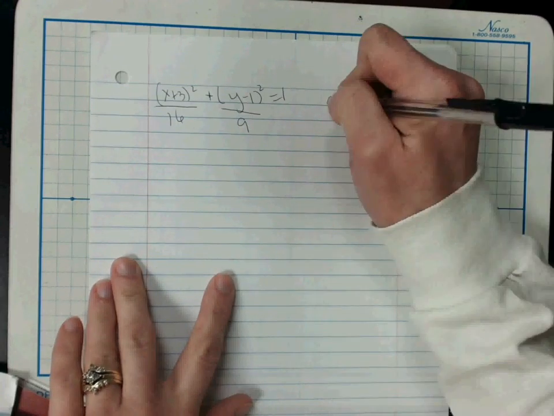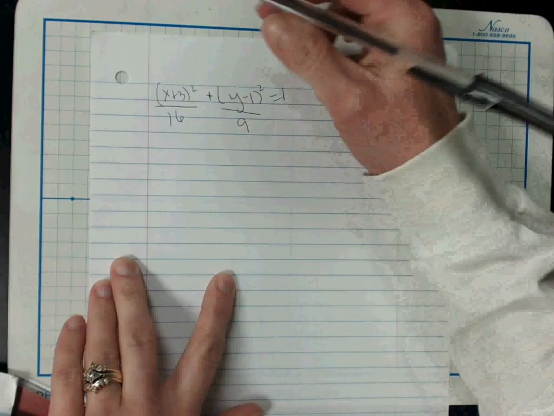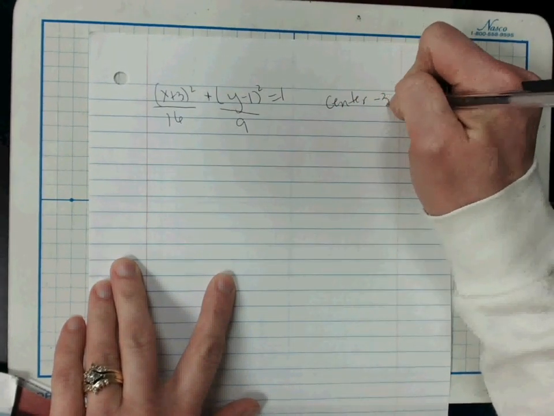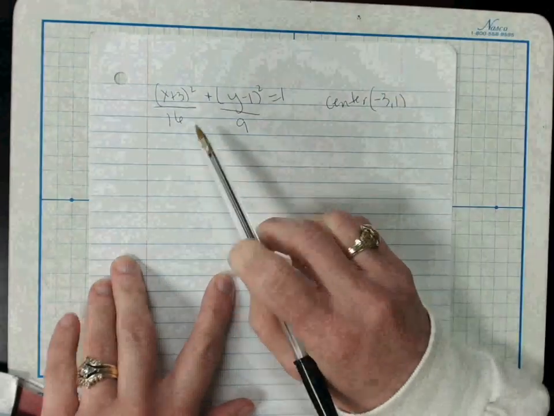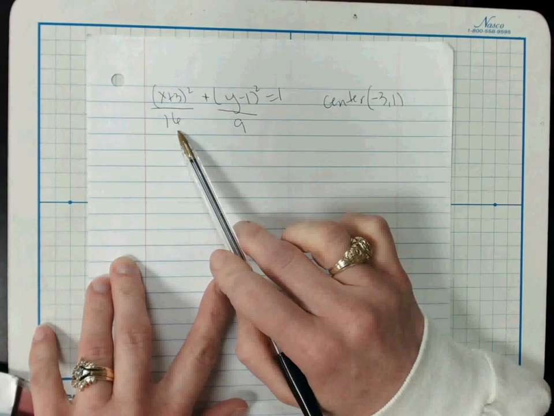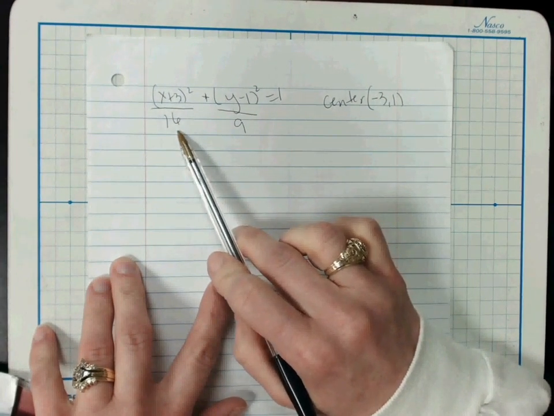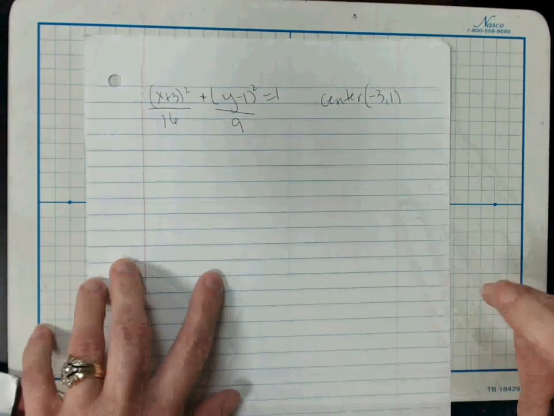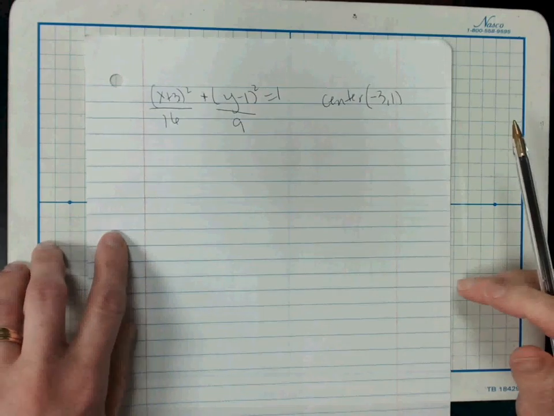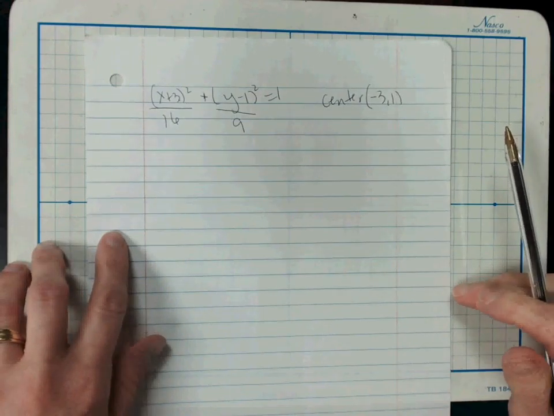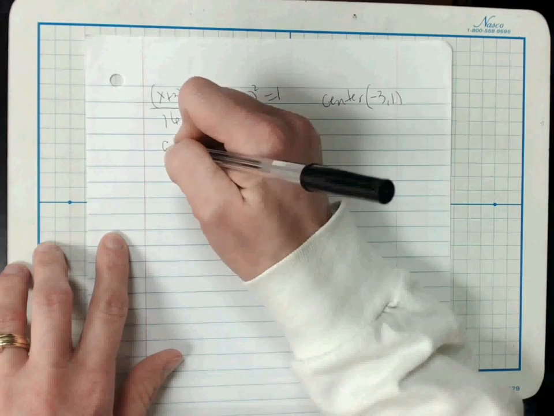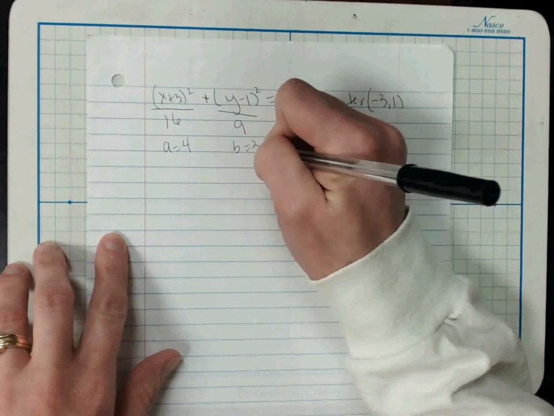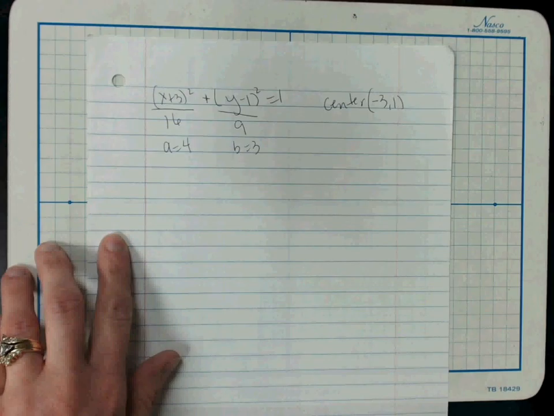Now my center again here is going to be at negative 3, 1. My major axis, this is a larger value, so this is my a value, or a squared. It's under x, so we're moving on either side of my x-axis by 4. So my a value here is 4, because you take the square root of this. My b value is going to give me 3, because you take the square root of that number.